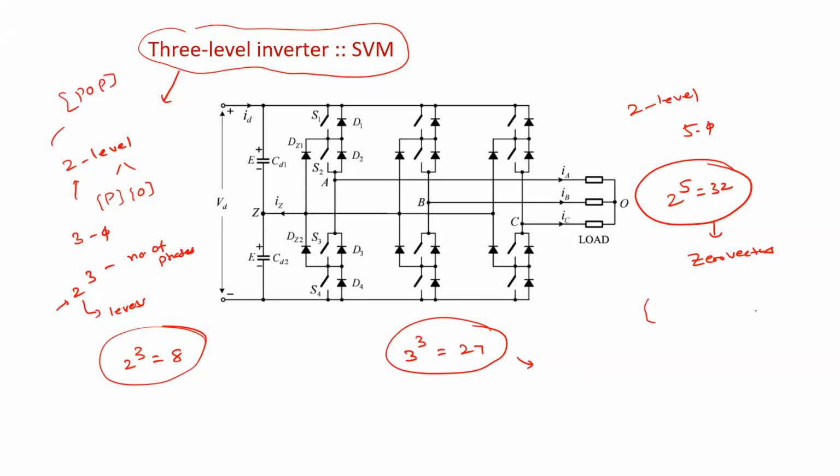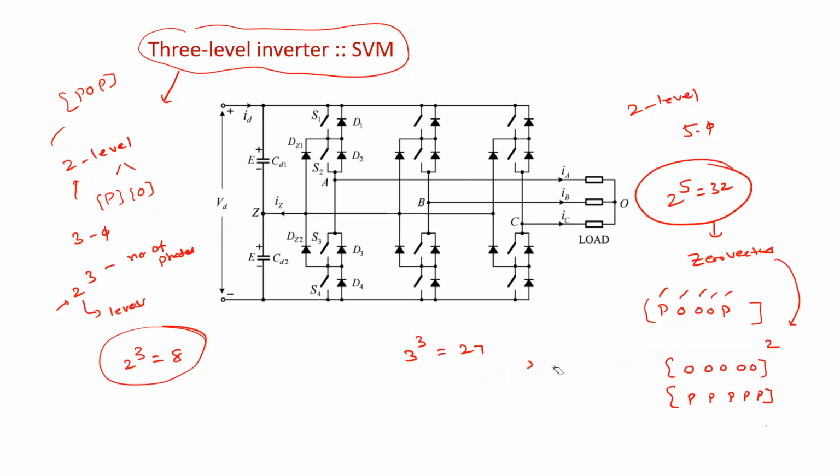If it is 5-phase, it should be of 5 entries, like P0, 0, 0, P. So you have 5 vectors: A phase, B phase, C phase, D phase, E phase. So how many zero vectors will be there? 2, sir. So what are those? 0, 0, 0, 0, 0 and P, P, P, P, P. So that means you have 30 active vectors and 2 zero vectors in 5-phase. Okay, just keep that in mind.